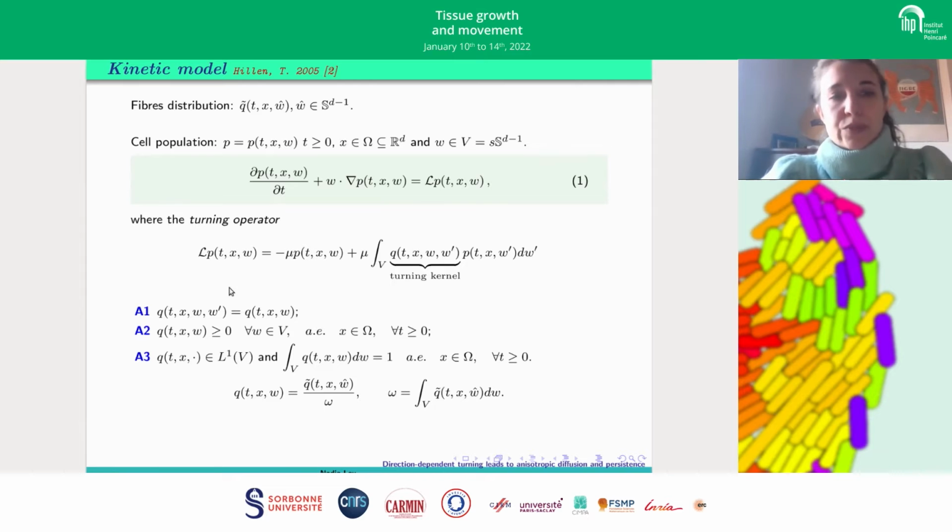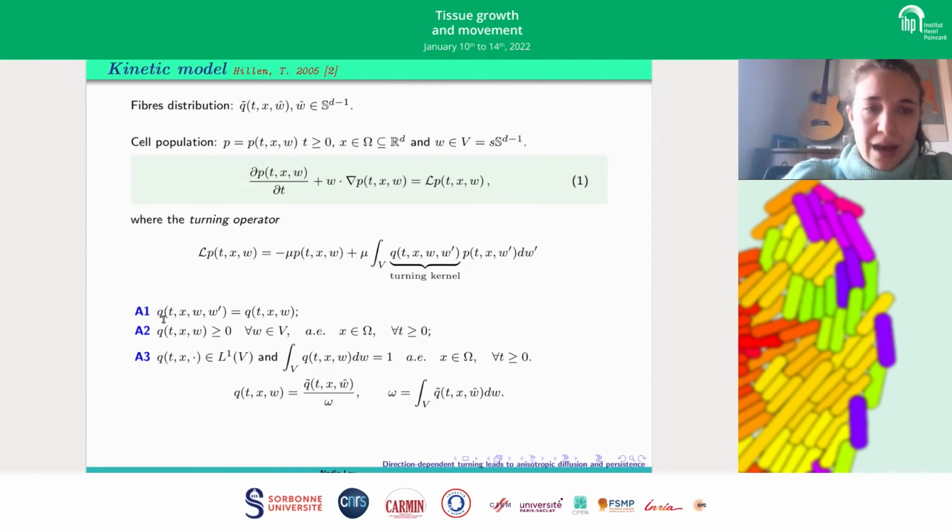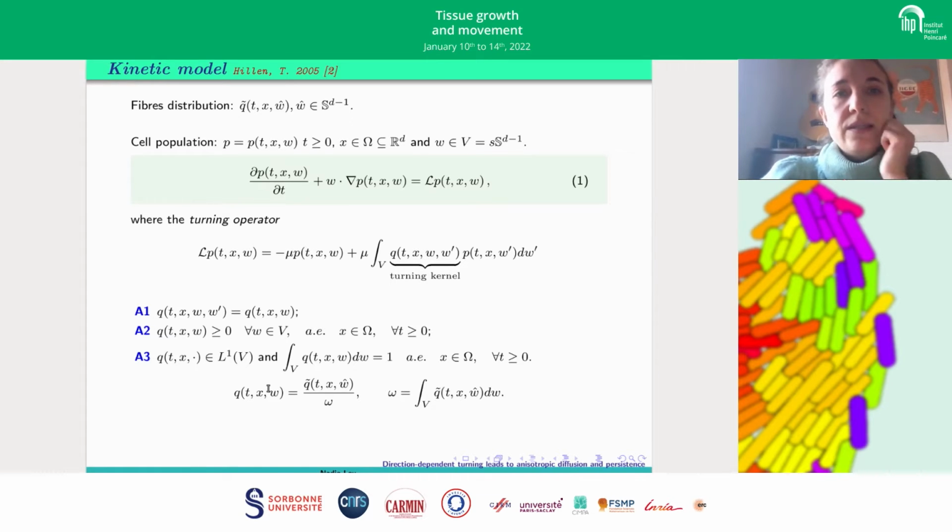The main assumption is that Q does not depend on the incoming velocity, but only on the newly chosen velocity w. It is positive and it is actually a probability density function. And the very simple idea of this model was to relate the transition probability to the fibers distribution, because cells tend to assume the direction of the fiber.